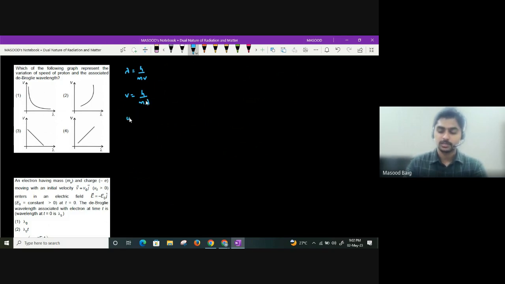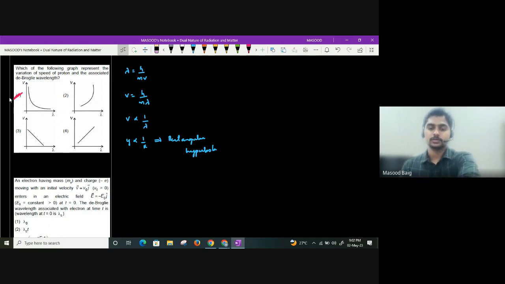So v will be inversely proportional to lambda. Y is inversely proportional to x, which graph will it follow? It follows a rectangular hyperbola. So the first graph will be the answer for that. I hope it is clear, everyone.